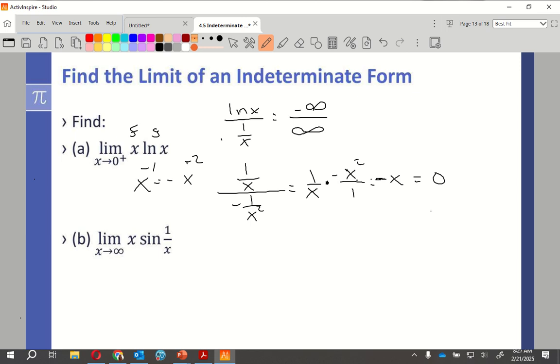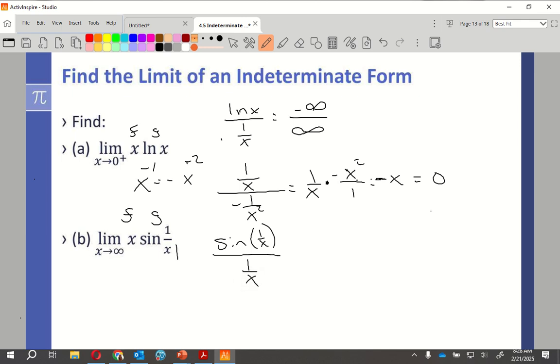All right, B, same thing. So now I have to look at it as F and G. Which one is more complicated? If this one's F and this one's G, the more complicated one would be the sine, right? So I'm going to put that one on top. So that's going to turn this into sine of 1 over x divided by, what's that going to be? 1 over x.